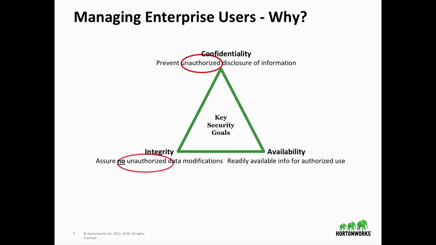In integrity, you assure no unauthorized modifications to the data. And in availability, it's again, authorized use should be permitted at all times. So it all boils down to how you are managing the users and how you are administering access to them. So that's the basis of all security, right?